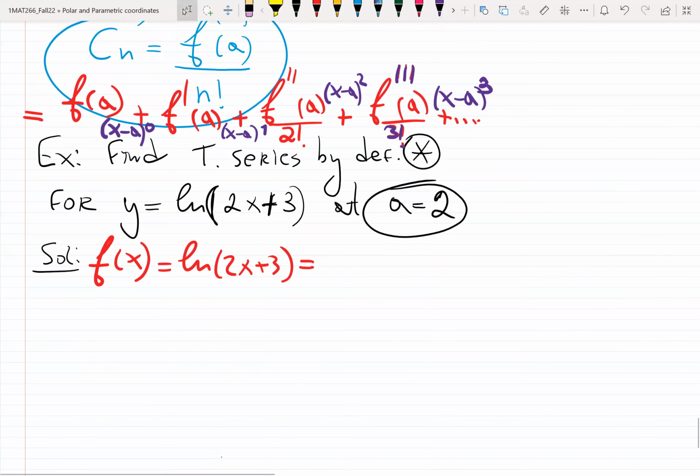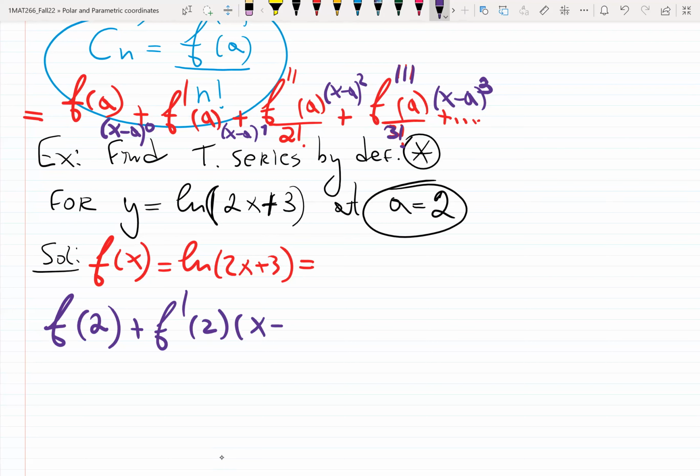So the log function has a series, which is the original function, which is log. Let me write down f of a: f at 2, plus the first derivative at 2 times x minus 2, because a was given as 2.